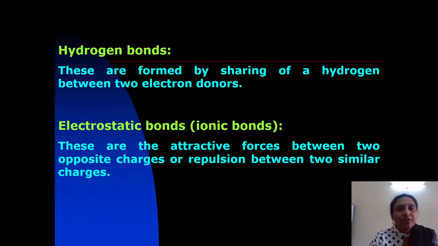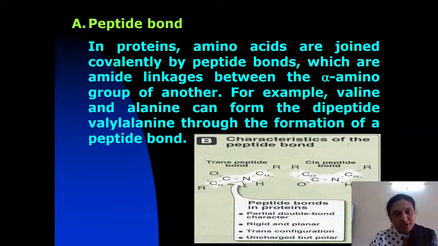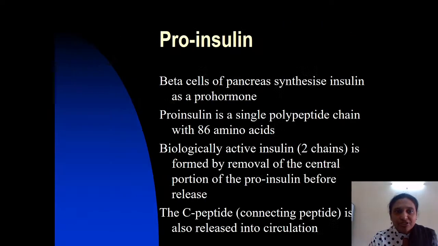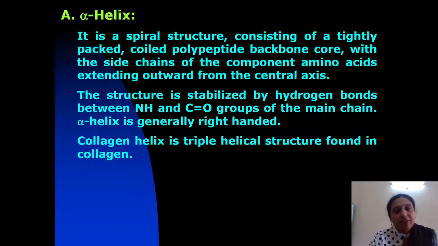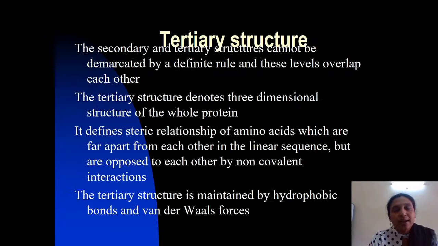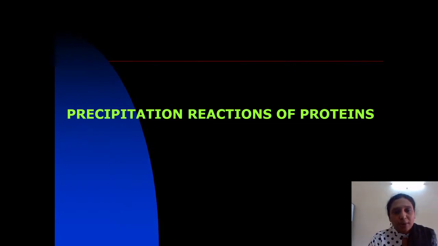So now I think you have got an idea about the structure of the amino acids, and what is there in the common structure of amino acids. There is an alpha carbon. To the alpha carbon, one side there is an amino group, and the other side there is a carboxyl group.